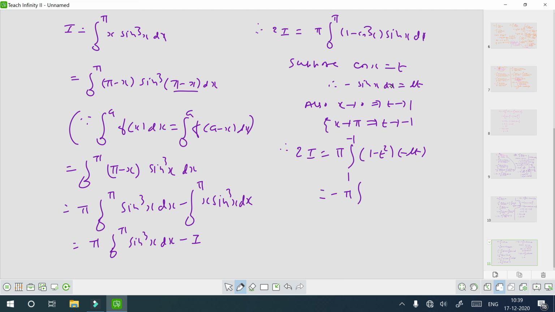So minus pi integral 1 to minus 1 of 1 minus t square dt. So that is equal to pi integral minus 1 to 1 of 1 minus t square dt. So that is equal to pi times t minus t cube by 3 from minus 1 to 1.